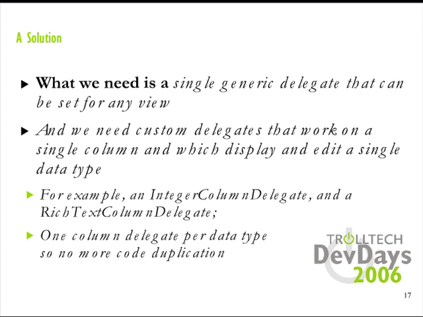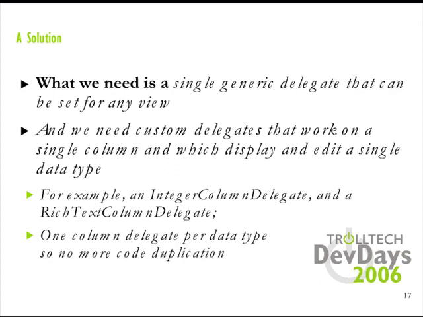I would argue that what we need is a single generic delegate that you can set for any view, no matter what the model. Okay? So at the moment, what you do is you create your model, you create your view, and you set on it a custom delegate. I'm saying set on it a generic delegate, the same one every time.